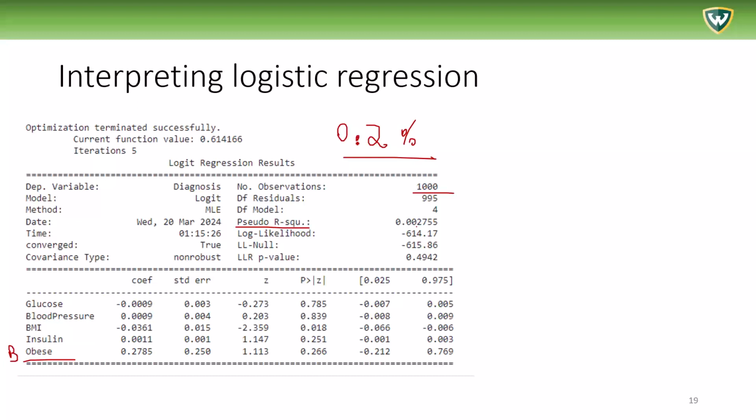I think this data was one of these data sets that is available on the internet, and it's not actually real data. It looks like real data. It fits into the model for our exercise, but it's not representative of the world. There's some other measures here, these log likelihood measures and the log likelihood ratio p-value.